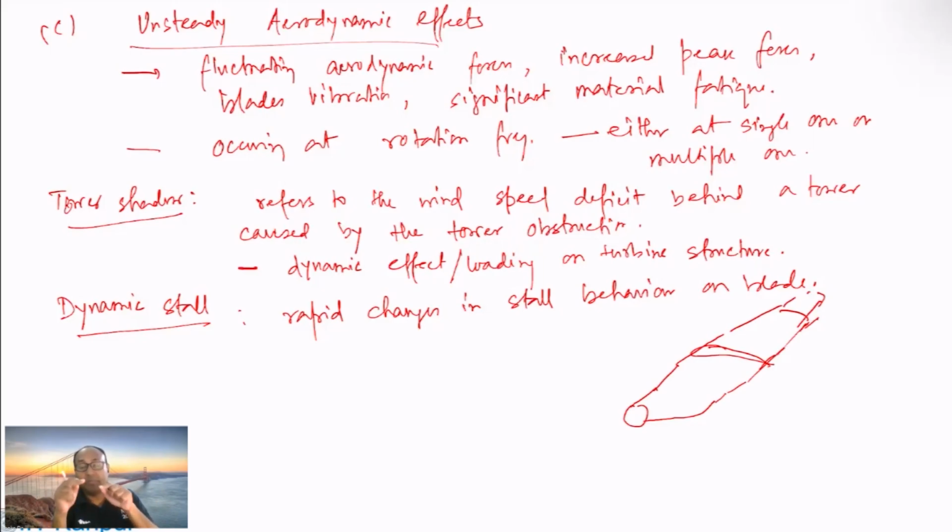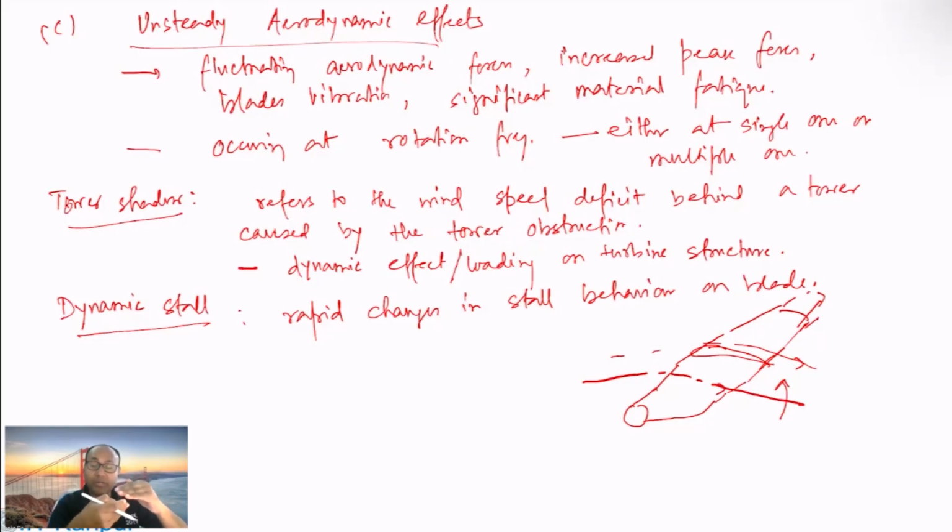Now what happens is that each blade is rotating. Let's say the flow passes about this aerofoil, and due to some change in the upstream flow field or in the conditions or angle of attack, it experiences stall. But the blade is rotating, so this stall is going to cascade to the next subsequent blade.